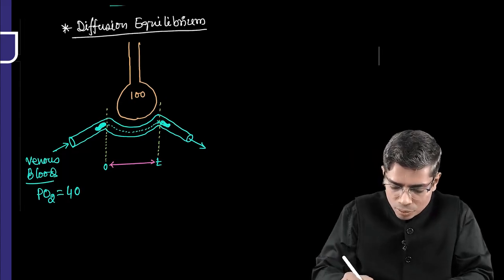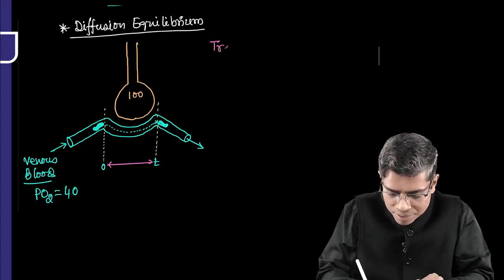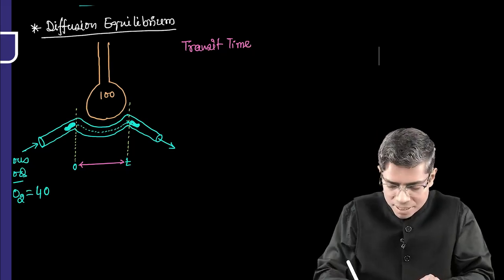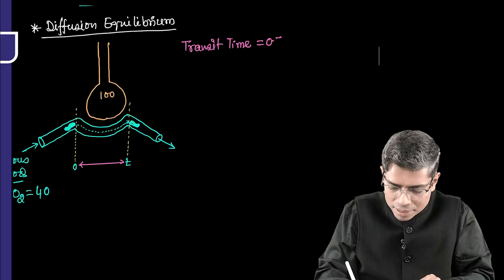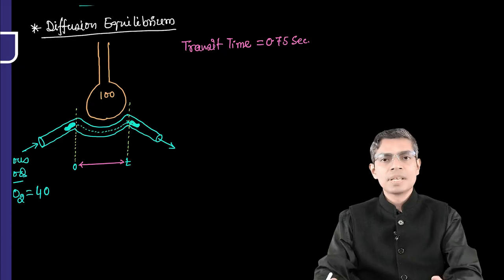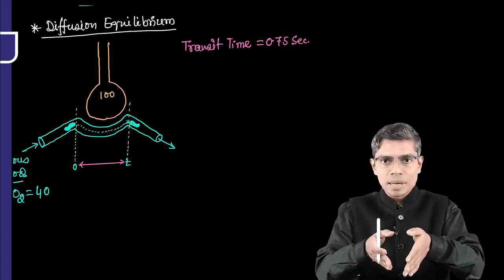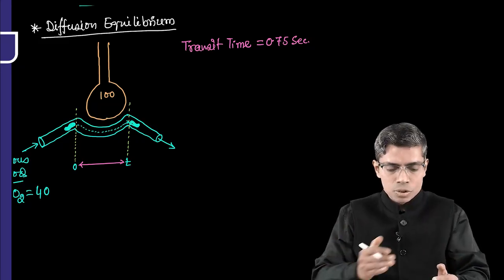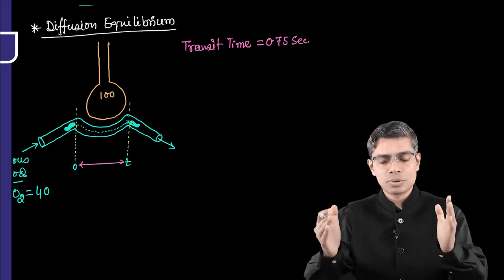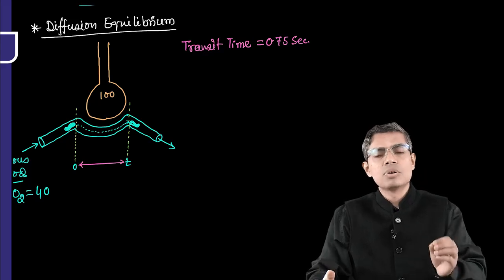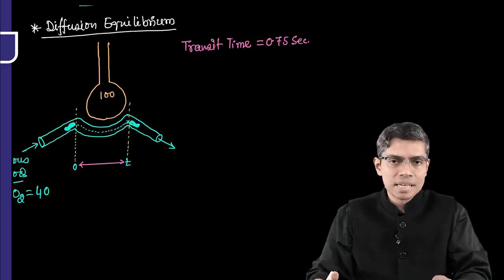This time is known as the transit time at the level of pulmonary capillary, and this is 0.75 second. Getting my point? So please remember, whenever the blood is entering the pulmonary capillary, it will take 0.75 seconds to cross it.